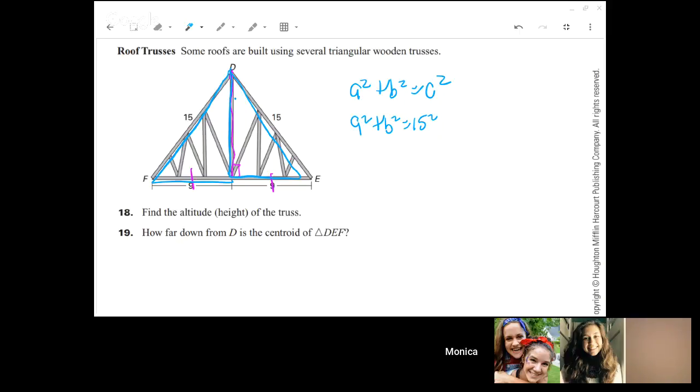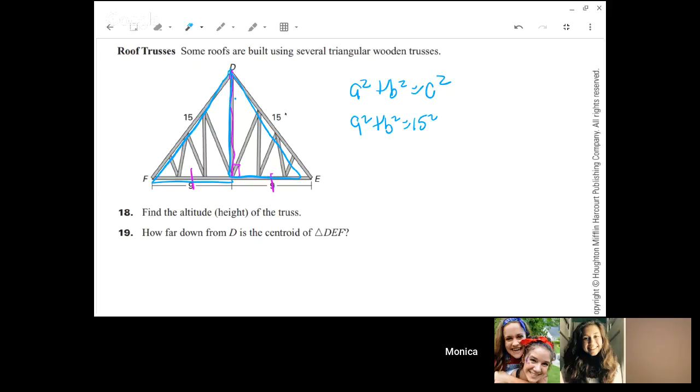So Charlotte Ann, for number 18 and 19, if you look at the picture, we can tell by looking at the picture that D is going to be perpendicular with FE down here. So what we have is two right triangles, okay?